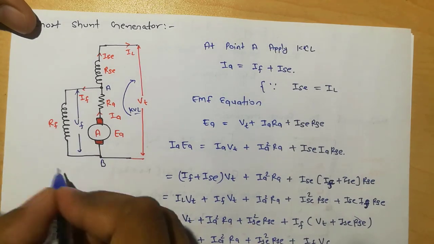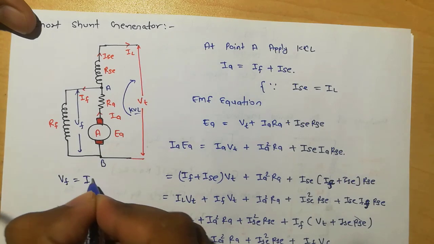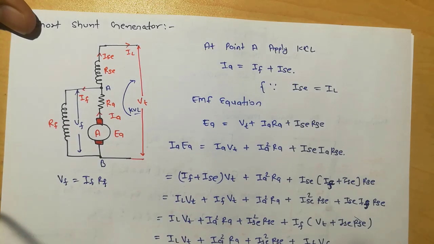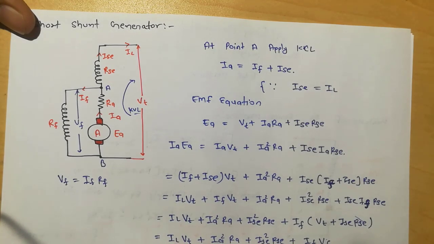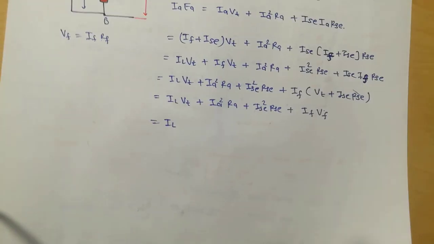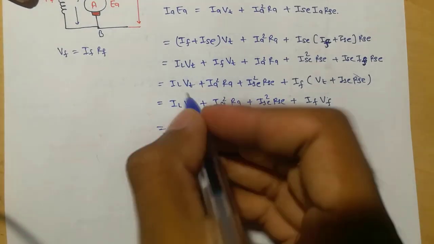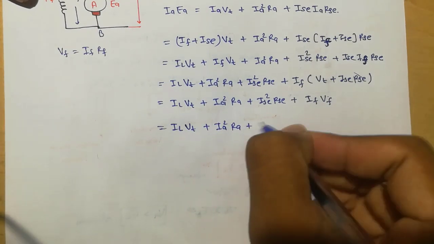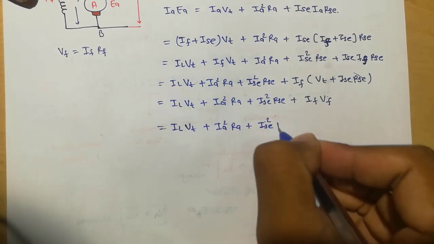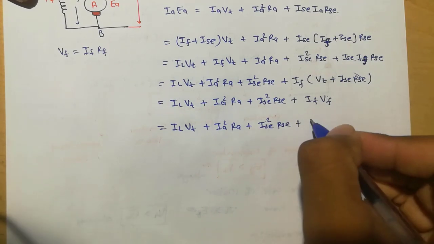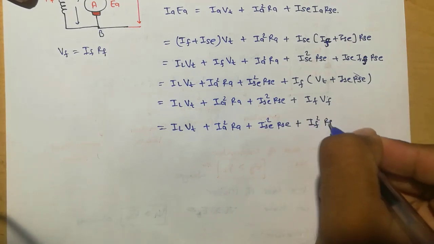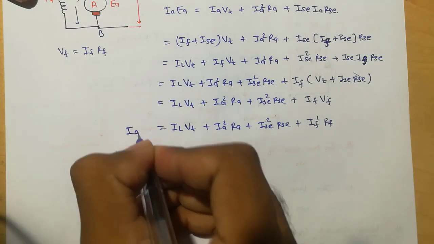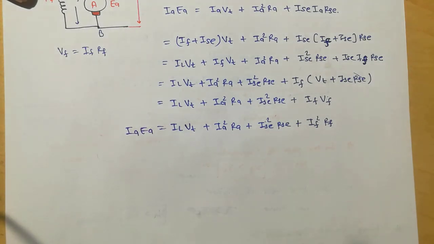Now Vf is equal to If Rf, so replacing Vf with If Rf, we get IL Vt plus Ia square Ra plus Ise square Rse plus If square Rf, which is equal to Ia Ea.